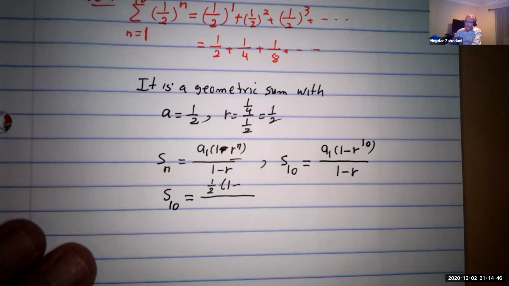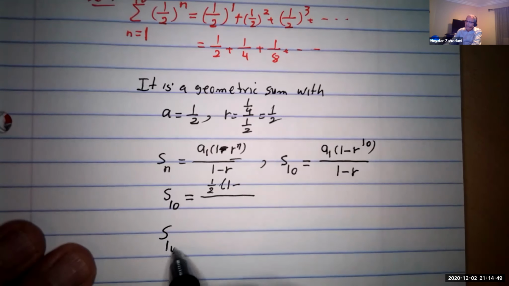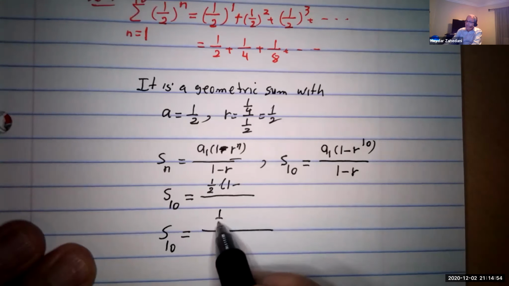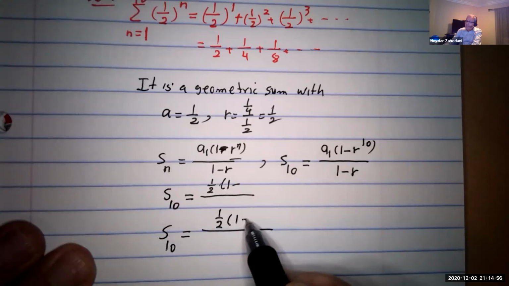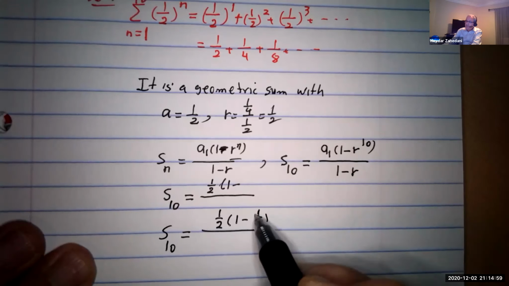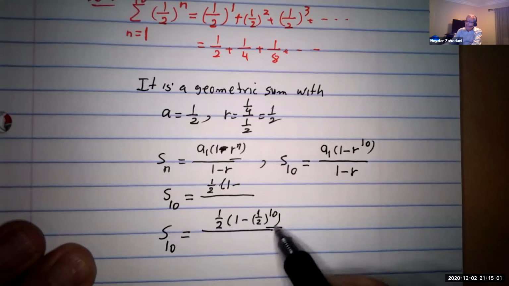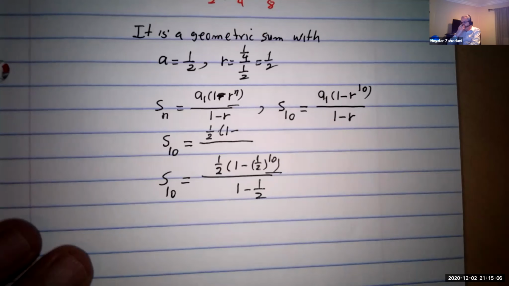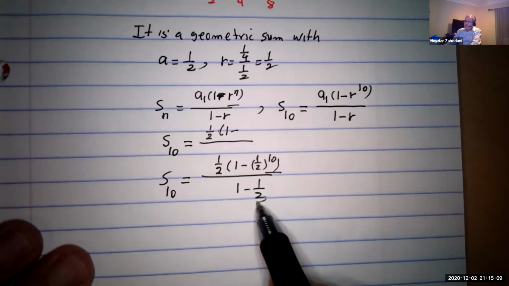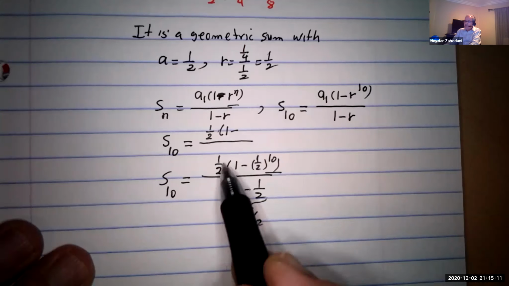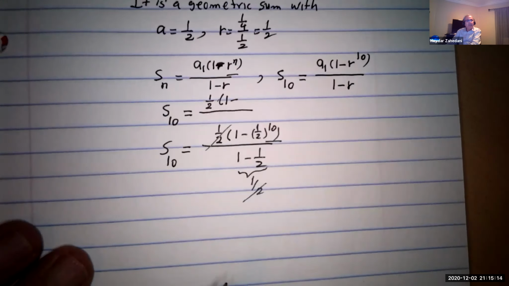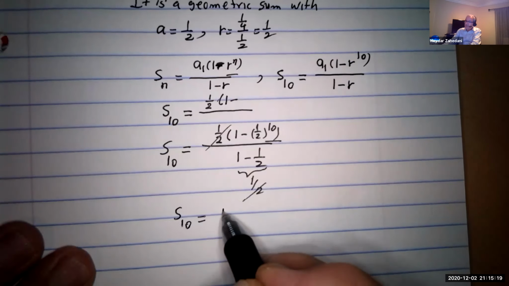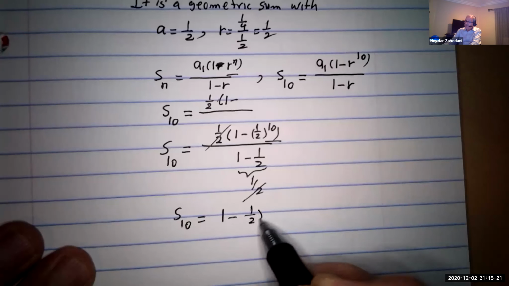So we use your calculator to get this. S10 is equal to A1, which is 1/2, times 1 minus 1/2 to the 10, divided by 1 minus 1/2. 1 minus 1/2 would be 1/2, and the 1/2 and 1/2 would cancel out. So your S10 is equal to 1 minus 1/2 to the 10.